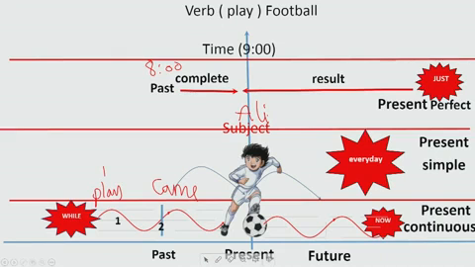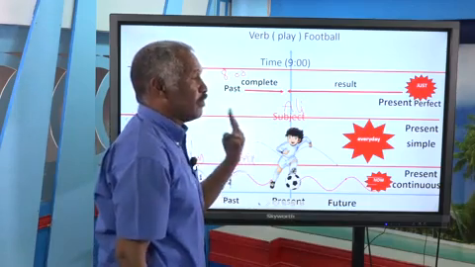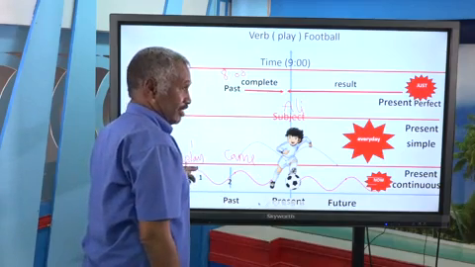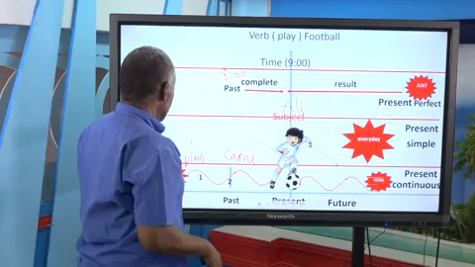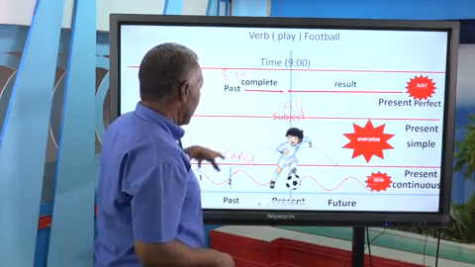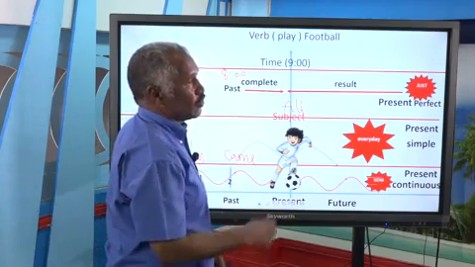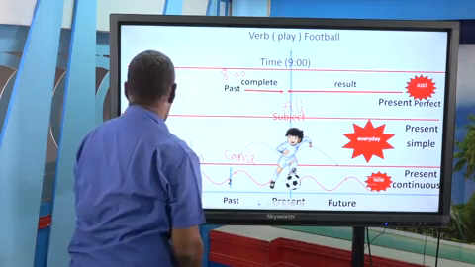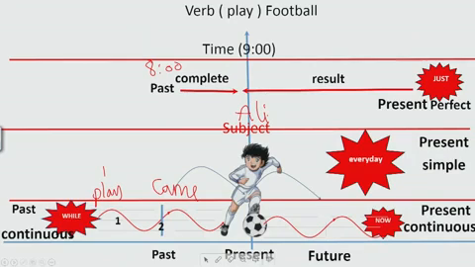This is number two. So we have two verbs happen in past. The first one, play, continues. Why is this continue? Because another verb happen. The first in English we call it past continuous. While Ali play, while playing, his friend Khalid came. So this is past continuous, two verbs in past.